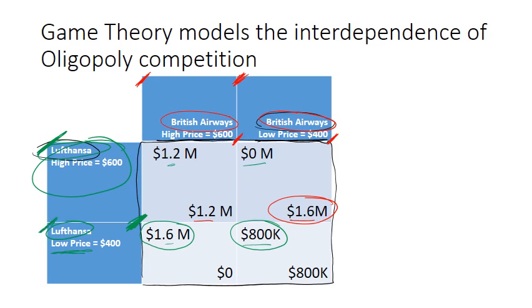If Lufthansa were to go low, then of course British Airways would prefer to make $800,000 with a low price than to lose all of their customers if they had a high price. They're going to choose a low price no matter what as well. It looks as though both of them have dominant strategies.